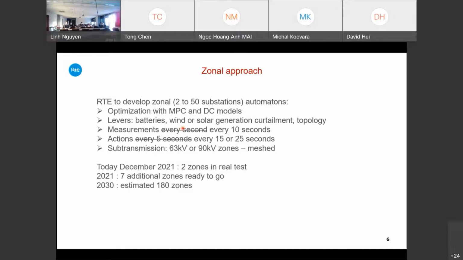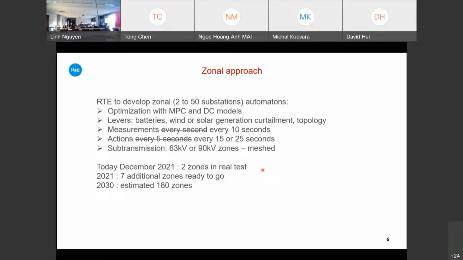And in some places, it may be useful sometimes to make the flow go right or left to open some lines. We call this topology optimization. We have measurements every 10 seconds and actions every 15 or 25 seconds, depending on the quality of the measurements, if we need.